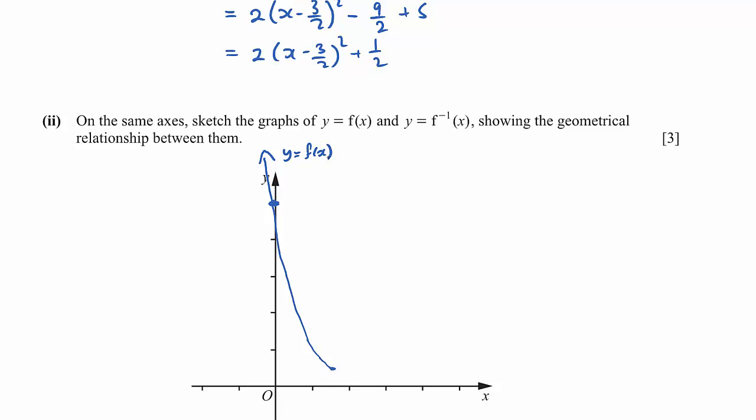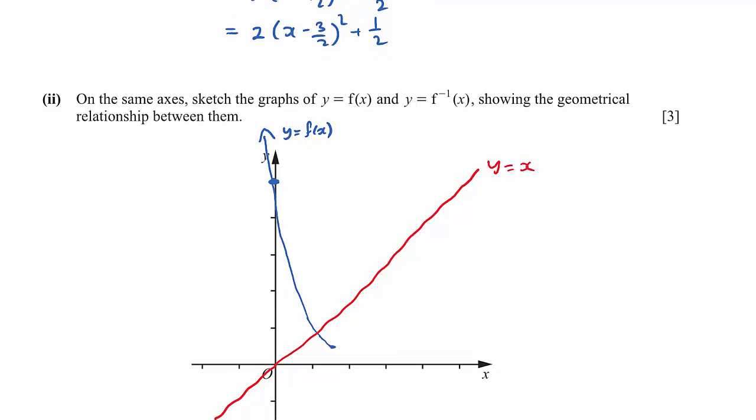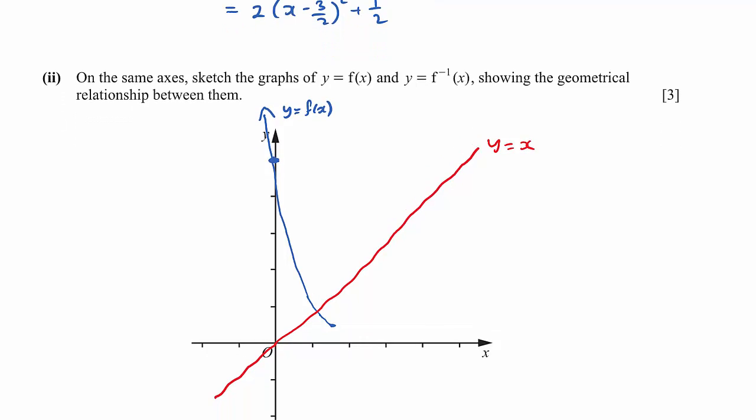Now the next thing that we need to add onto there is the line y equals x. And then the inverse function is the reflection in y equals x.